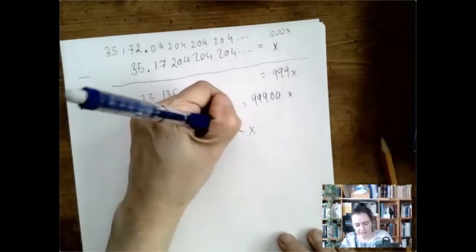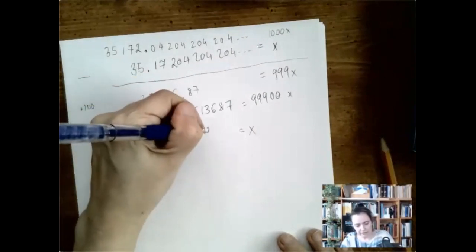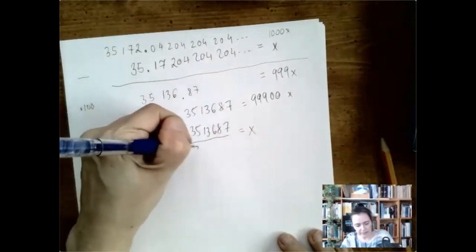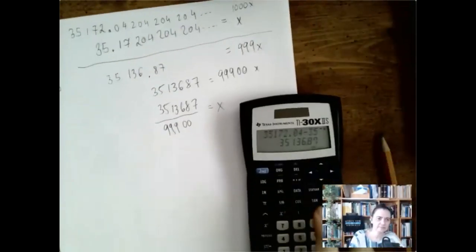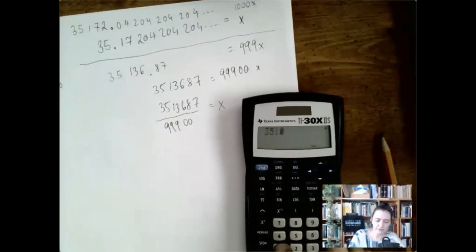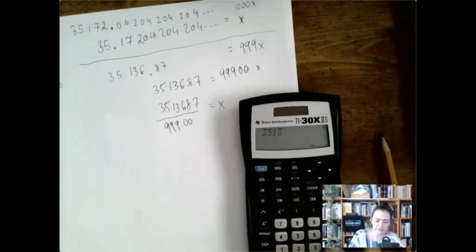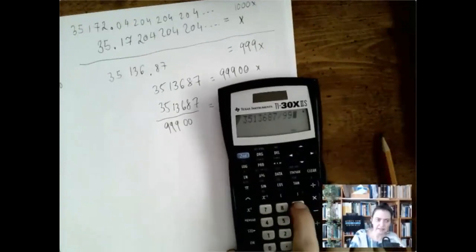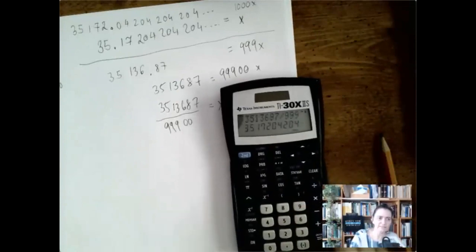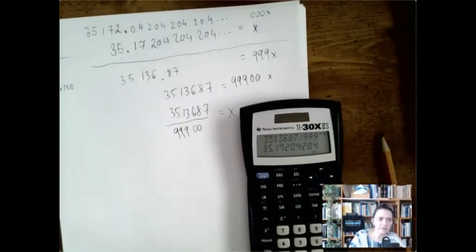Solve for x. 3,513,687 divided by 99,900. There it is, 35.172042042. So it always works. Always, always, always.